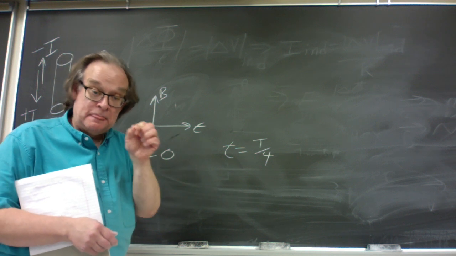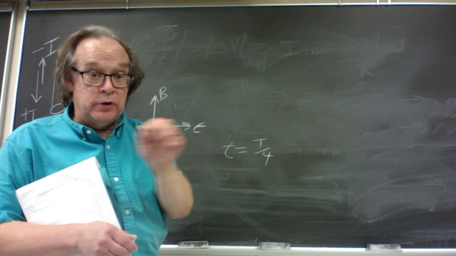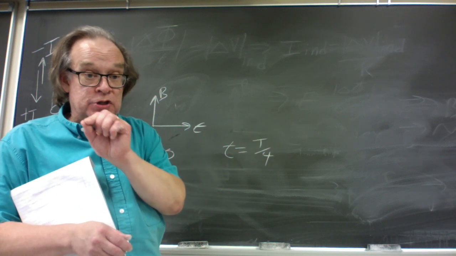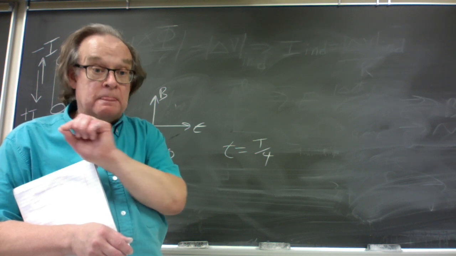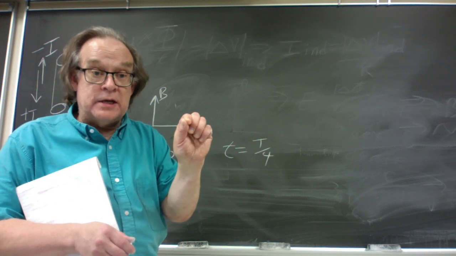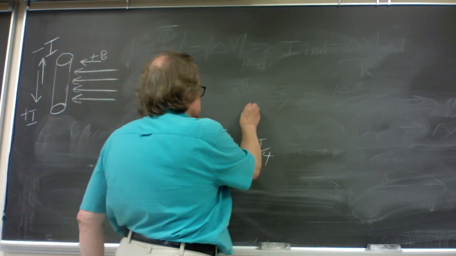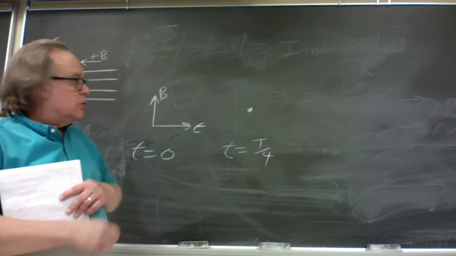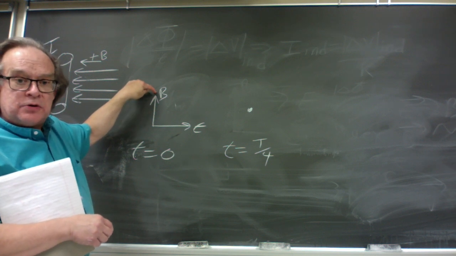Right? Remember when an oscillating mass was oscillating back and forth about equilibrium, if you start watching it when it's at maximum distance away from equilibrium, a quarter of a cycle later, it's back at equilibrium. So a quarter cycle later, this has gone from maximum to zero.